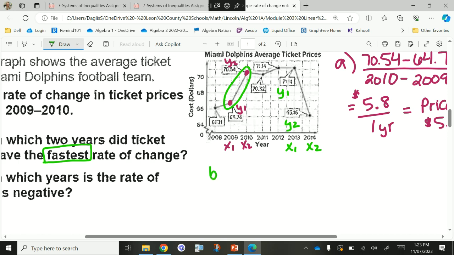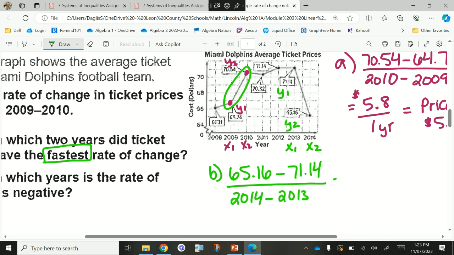So our setup: Y2, which is 65.16, minus Y1, which is 71.14, divided by X2 minus X1. All right, so 65.16 minus 71.14 gives me negative 5.98 over 1.